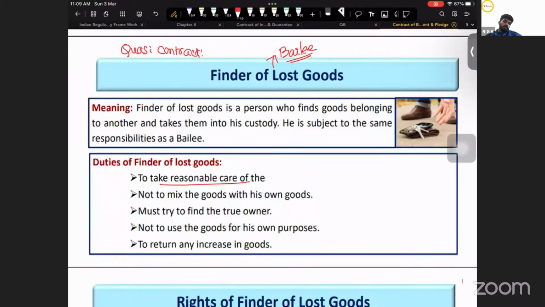Duties of the finder of lost goods: to take reasonable care of the goods, not to mix the goods with his own goods, to find the true owner by making reasonable effort, not to use the goods for his personal purpose, and to return any increase in the goods, accretion if any.